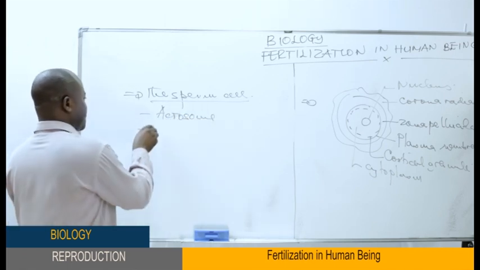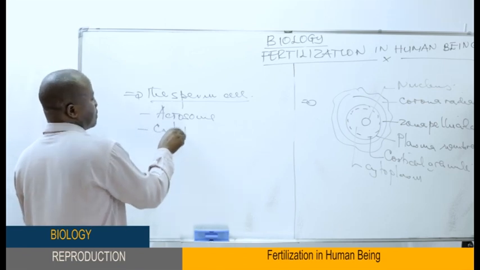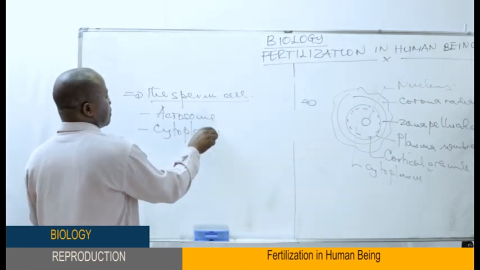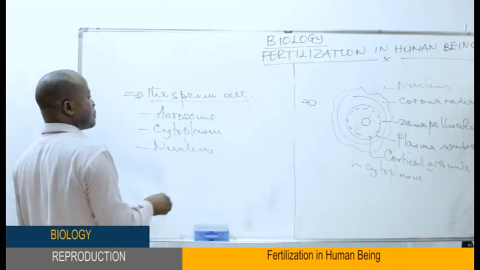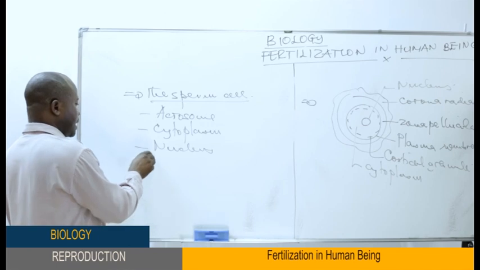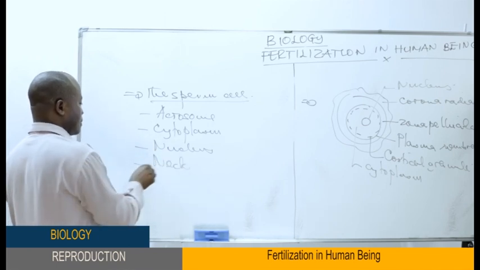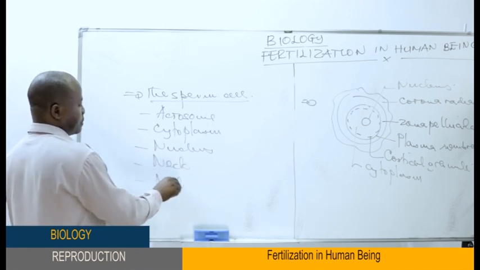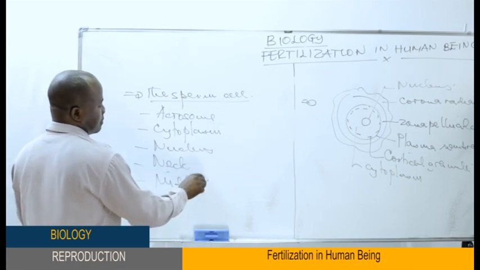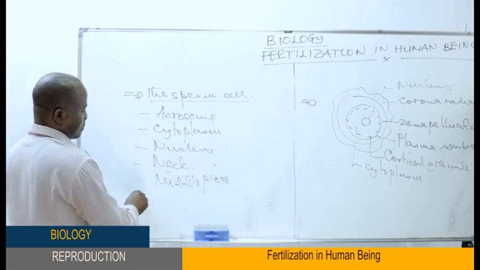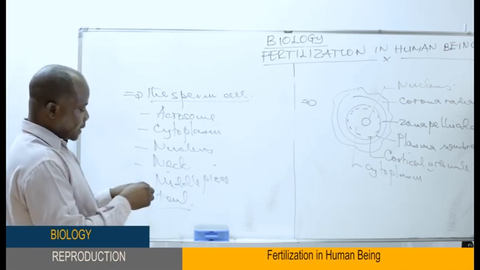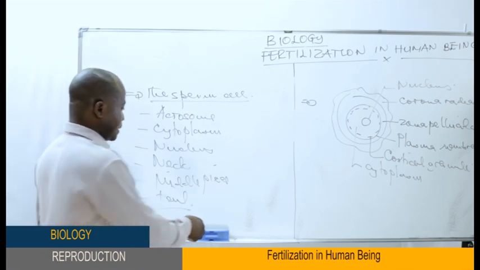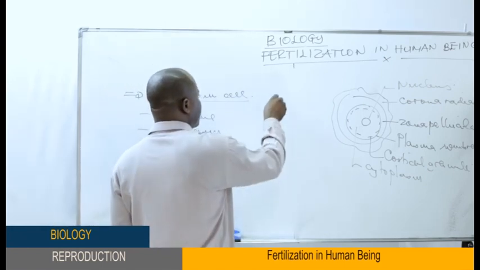Consists of cytoplasm, the nucleus, but also the neck, middle piece, the tail. These parts can be presented as follows.